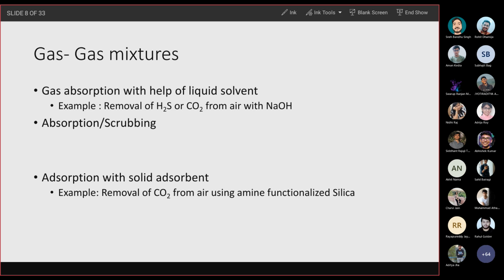That is one example, but there are many examples we can give for the separation of gas-gas mixtures with the help of a solid adsorbent.